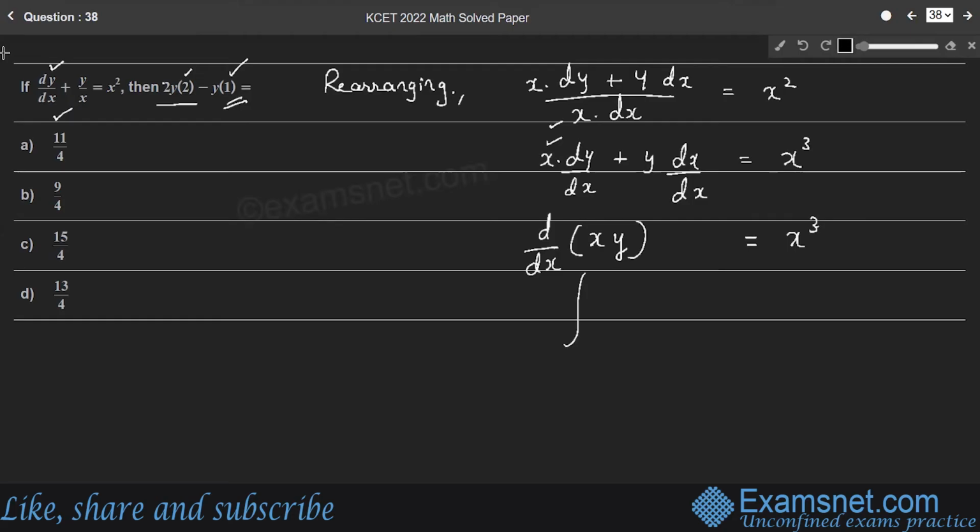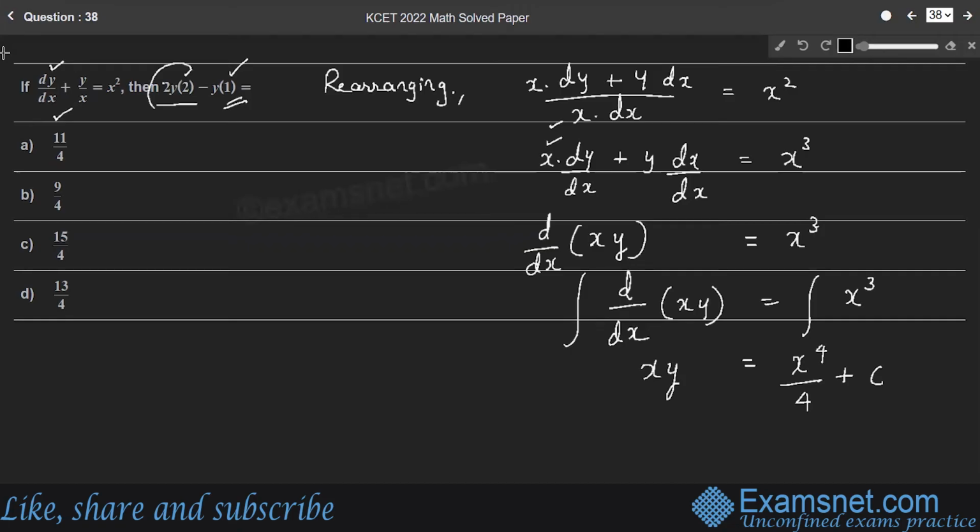On integrating, it becomes integral d by dx of x into y is equal to integral x cube. Integration of d by dx of any function is that function itself. Therefore, x into y is equal to integration of x cube, which is x raised to 4 by 4, plus a constant c.